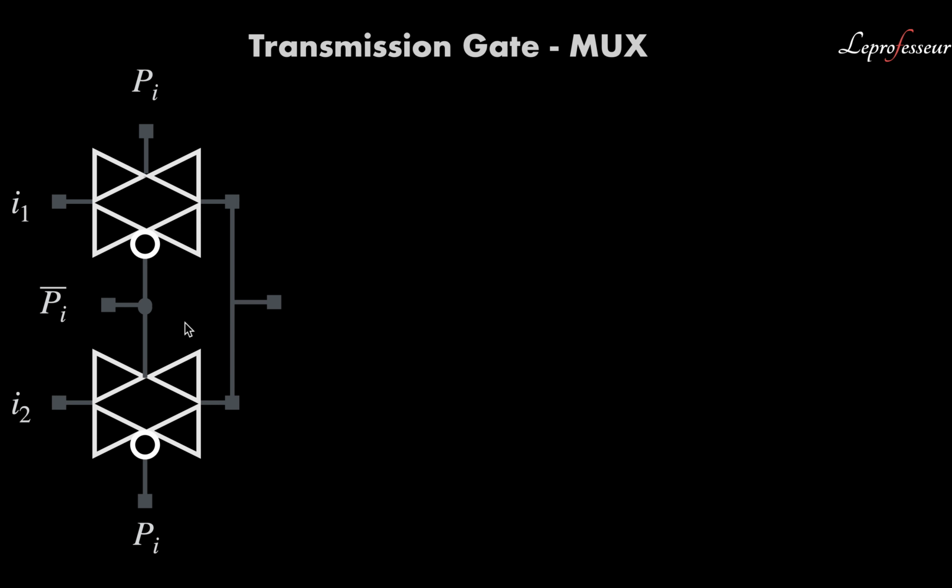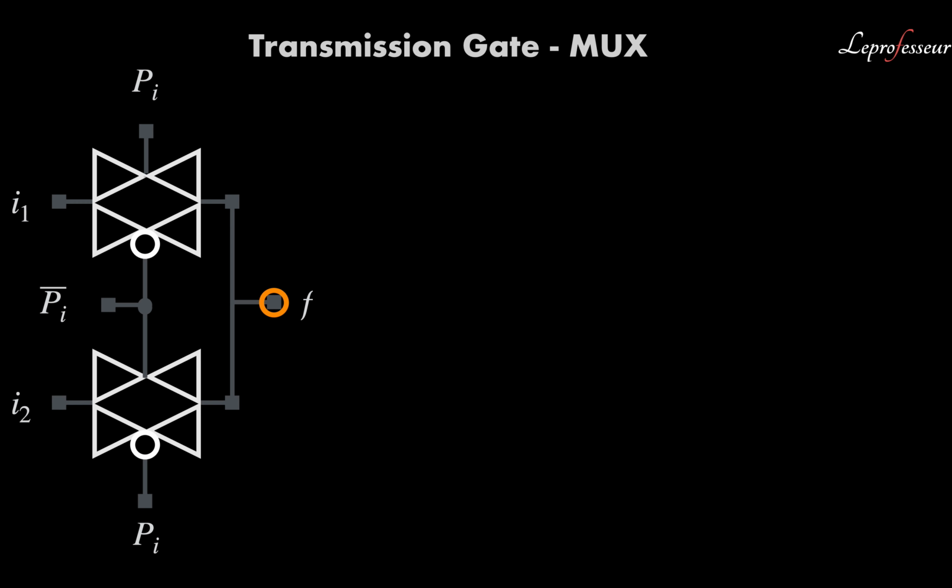No problem here. Now, in the second structure, we connect the inverted version of PI to the gate of the NMOS. This is an important fact: opposite to what we have for I1, we connect the inverted version of PI to the gate of the NMOS, and we get the output.